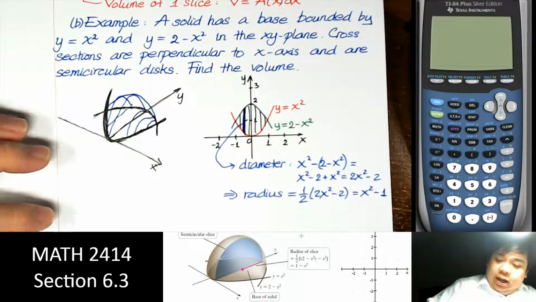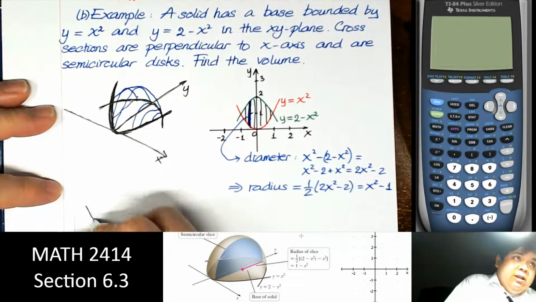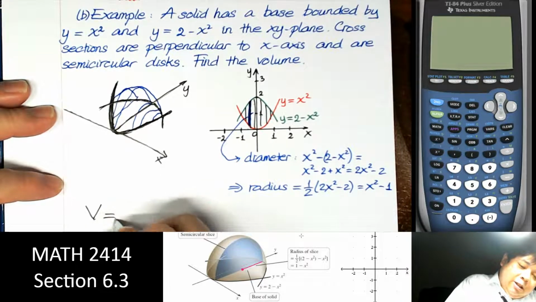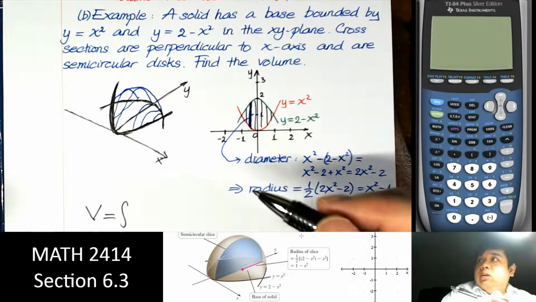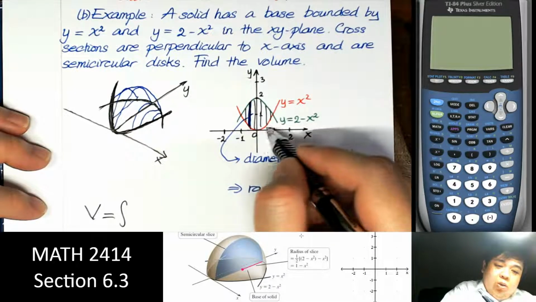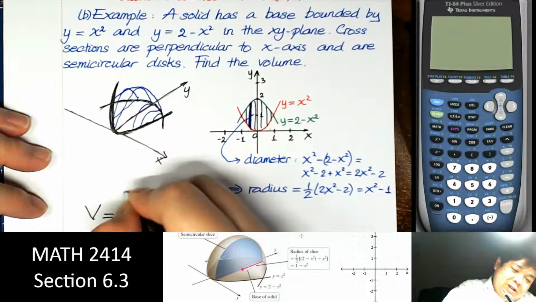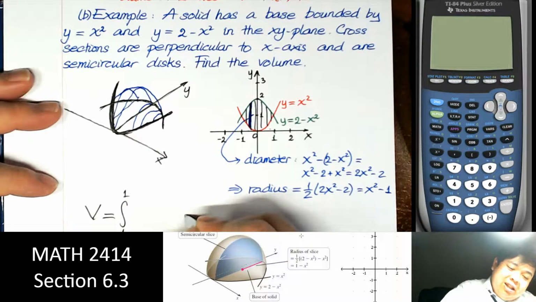Right. And then the volume will be from -1 to 1 because we use dx.